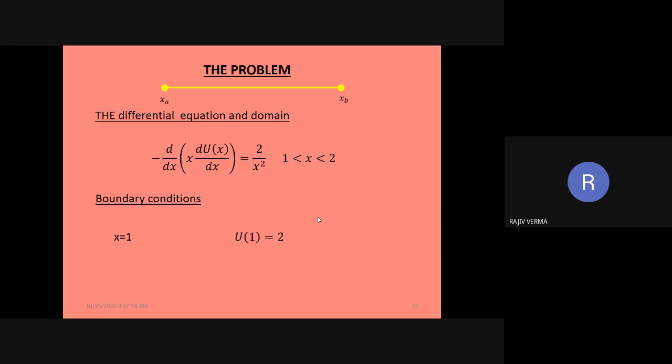For this particular example, we have assumed that the value of u is known at x is equal to 1, that is equal to 2, and similarly at the other endpoint given by x is equal to 2, the value of u is not known, but the value of du by dx, which represents flux, as we have discussed in the previous classes, that is given. So u happens to be 1 by 2.